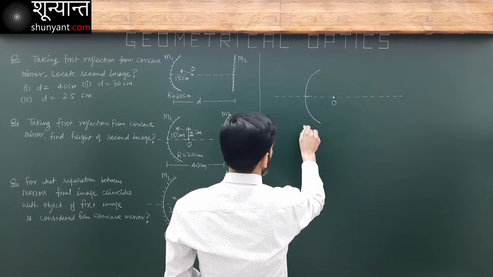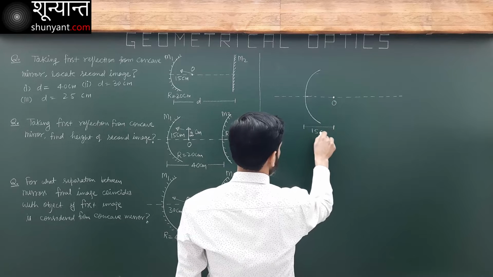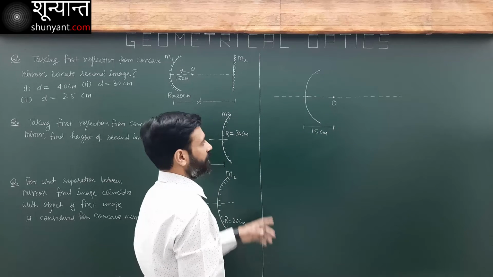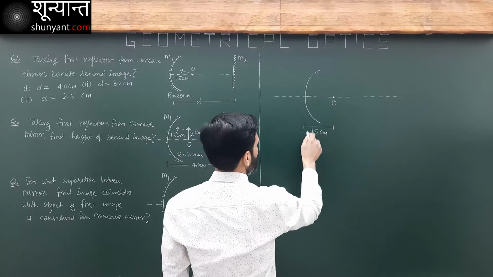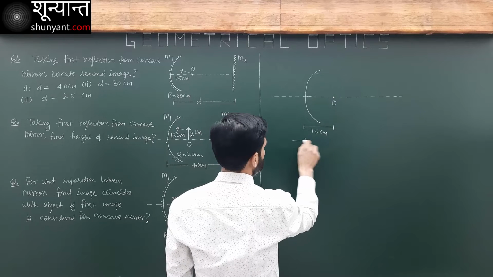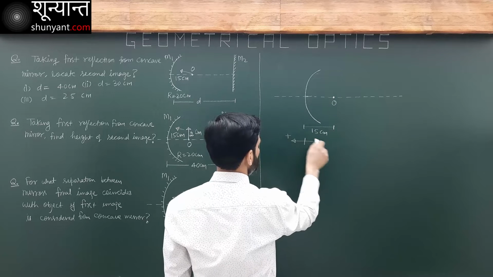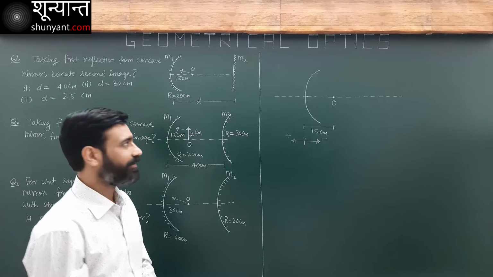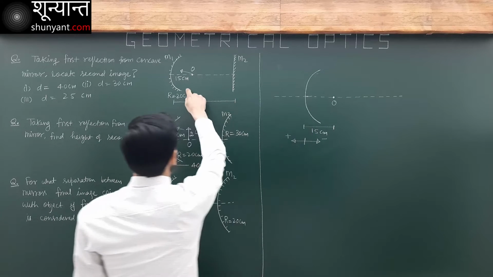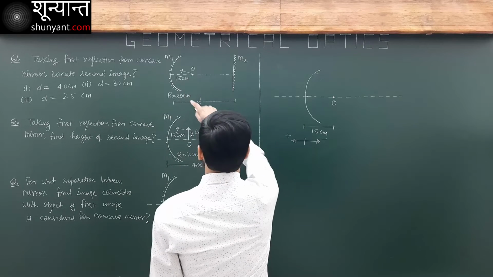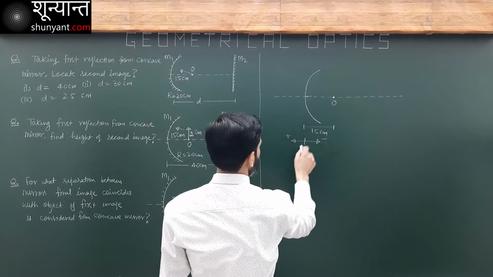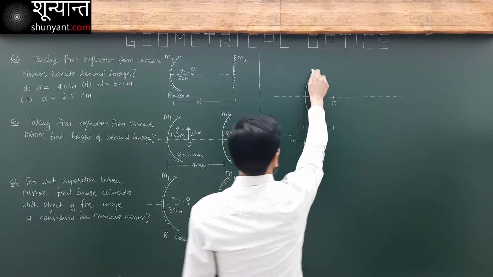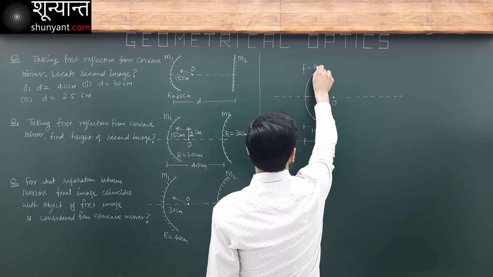This distance is 15 centimeter. The light goes towards the left. What will be the sign convention? This will be positive and this will be negative. The focal length is 10 centimeter.